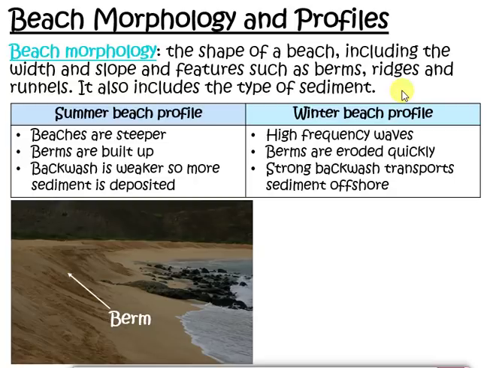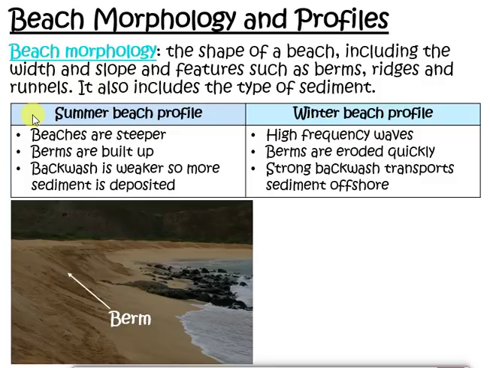Today's lesson in a nutshell is all about how waves and tides affect the beach morphology over different time periods. During summer we tend to get more settled, calmer conditions, especially here in the UK, because the UK does experience quite distinct or pronounced seasons.